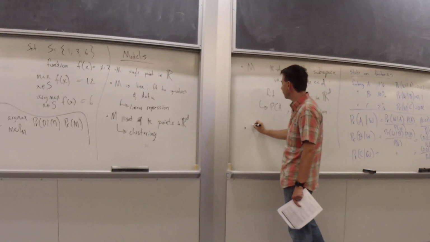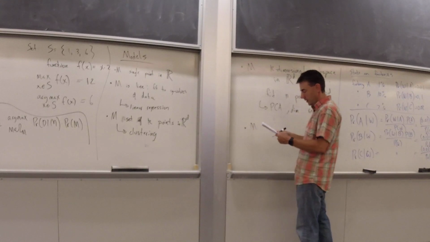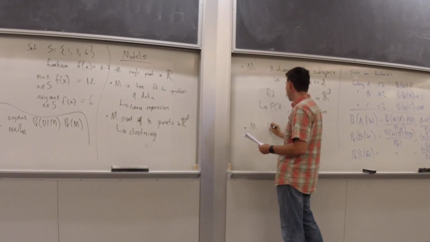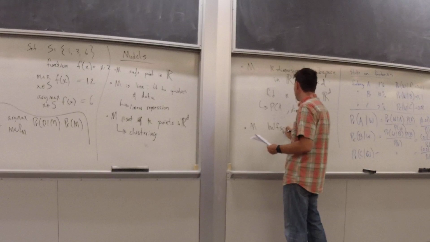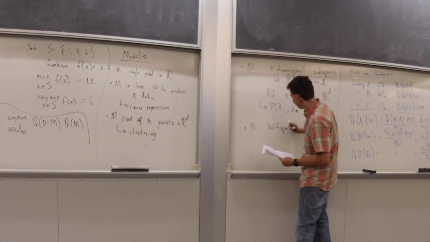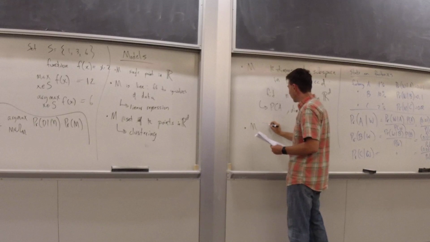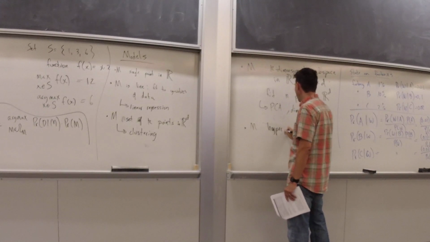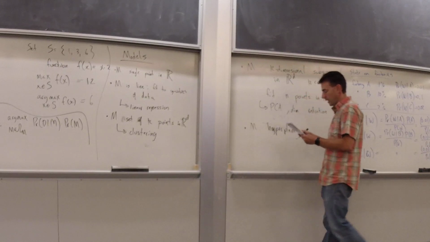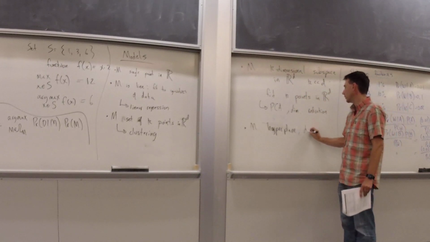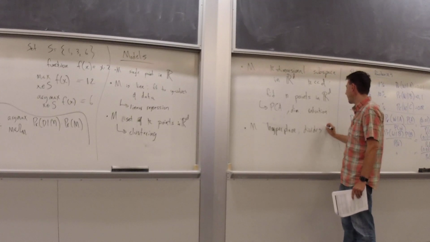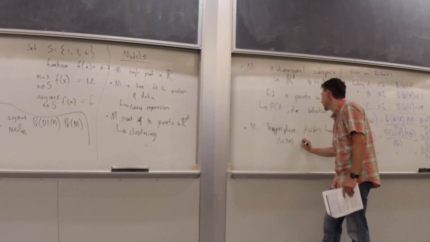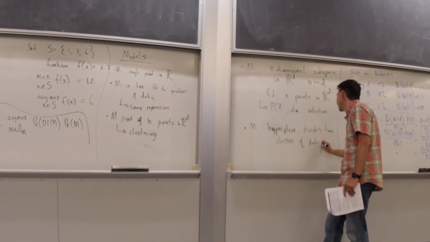And then finally, M will be a half space, or let's call this a hyperplane, which divides two classes of data.